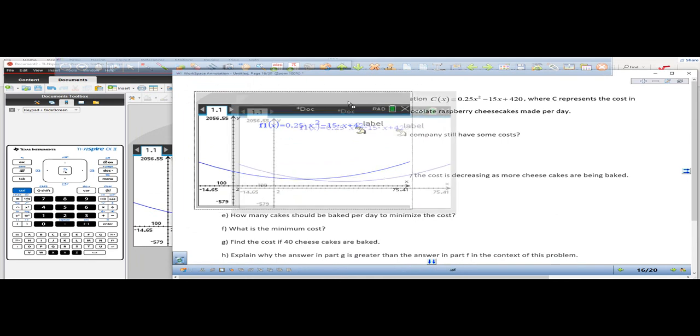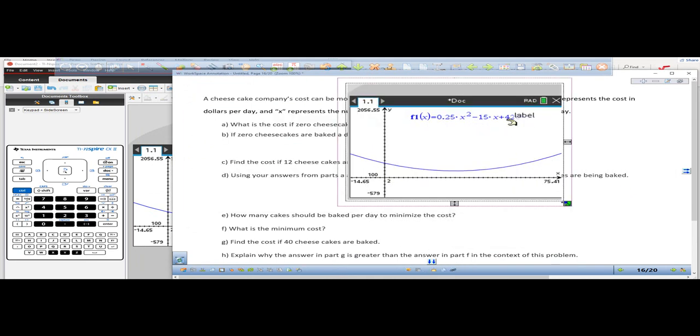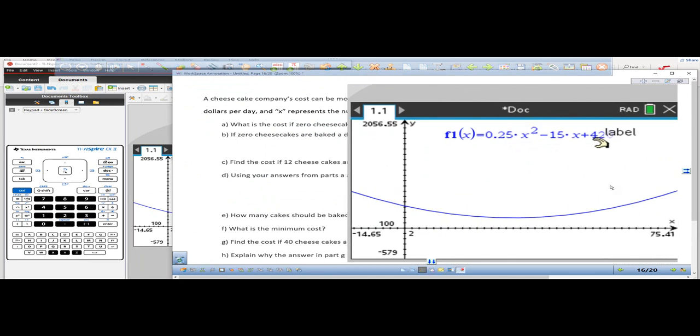All right, so this graph right here, let me just put it right here for now and just talk about it. So let's make sure we understand what this graph represents, okay? So right now, what does the x-axis represent? Now remember, this problem is dealing with two things, cost and the number of cheesecakes made, right?